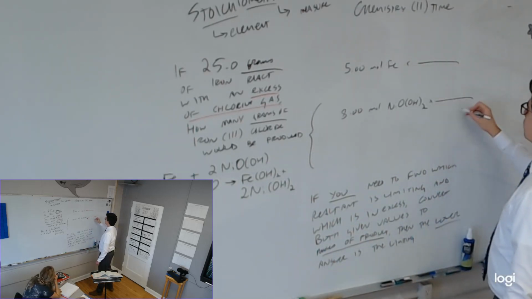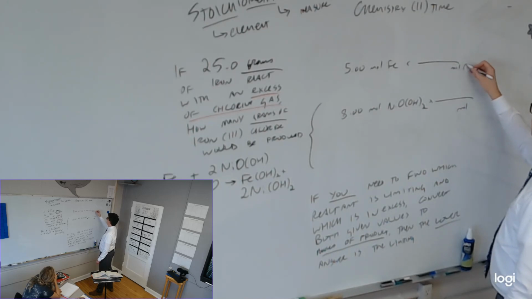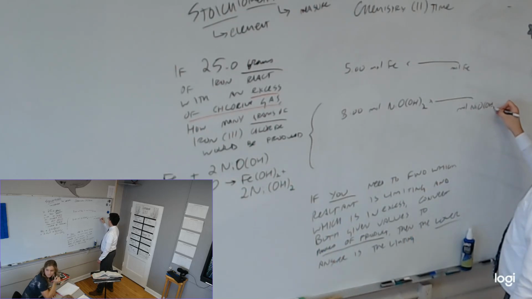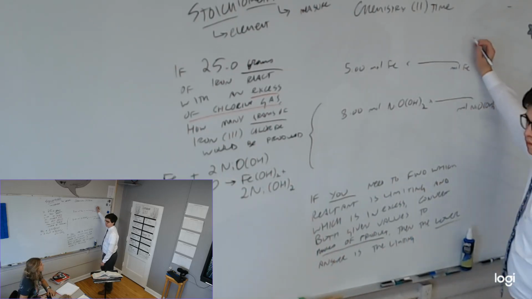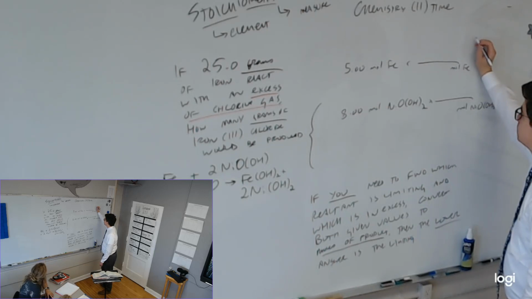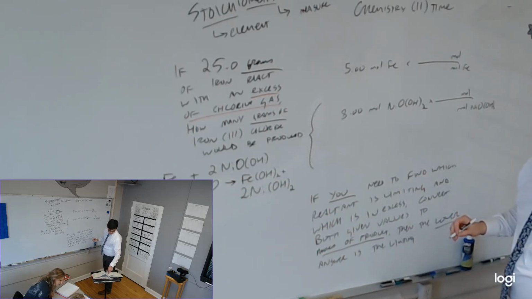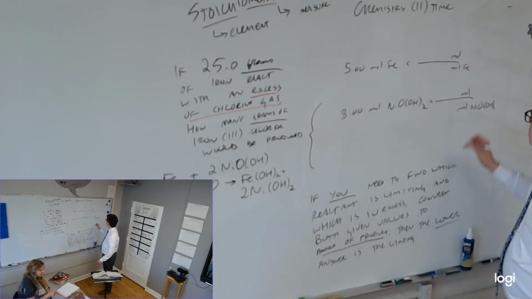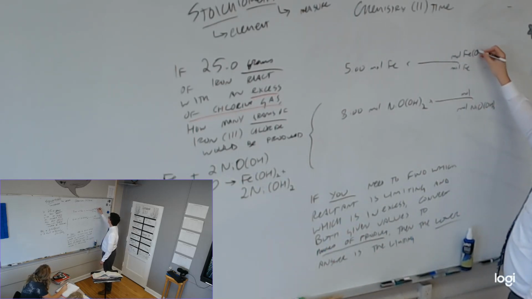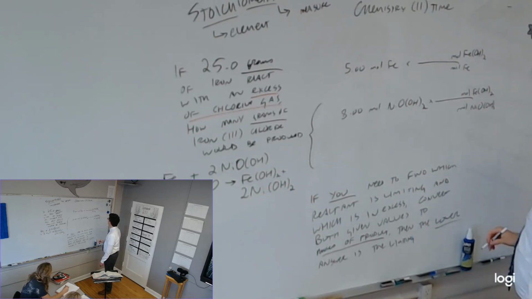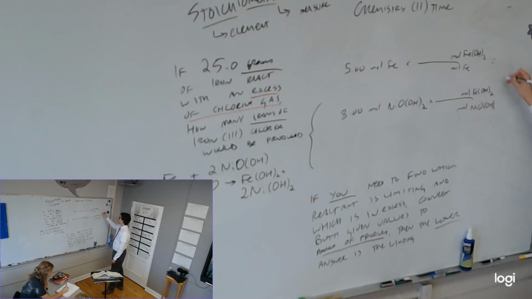And in both cases, we're going to convert from moles of the given to moles of product. Okay, and specifically, which product are we worried about? The problem does tell us. Iron 2 hydroxide. Iron 2 hydroxide. Straight line. Okay.